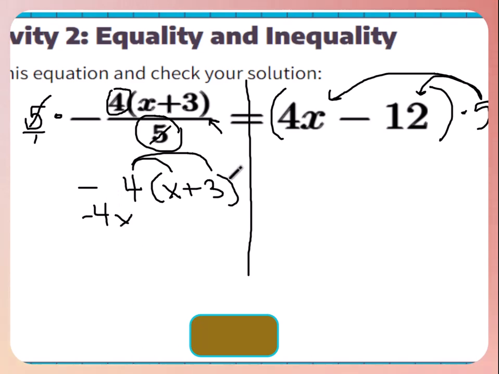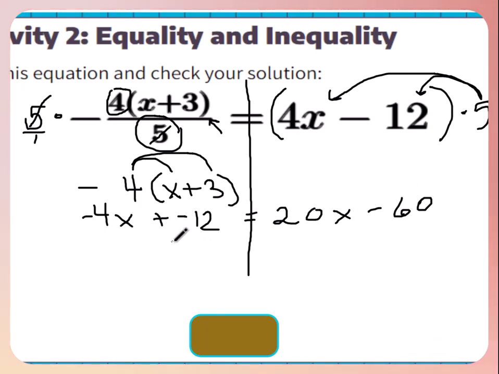And then negative 4 times positive 3 is, you can write this as plus a negative 12, or you can write it as minus 12. Now let's move to the right hand side and distribute the 5. 5 times 4x is 20x, and then minus 5 times 12 is 60.